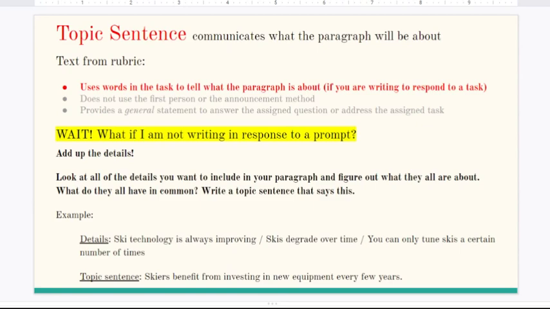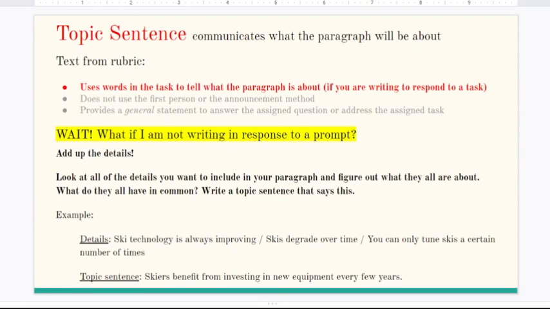So if you have a bunch of details and they're not all about the same thing, then they can't all be in the same paragraph. Okay? So you've found details that you want to include, and they all have something in common. They're all about the same thing. Well, you need to figure out what do they all have in common, and then you write a topic sentence that says this. So here's an example.